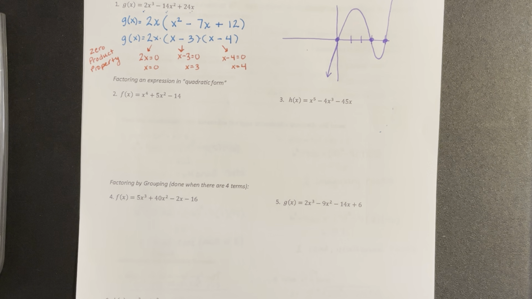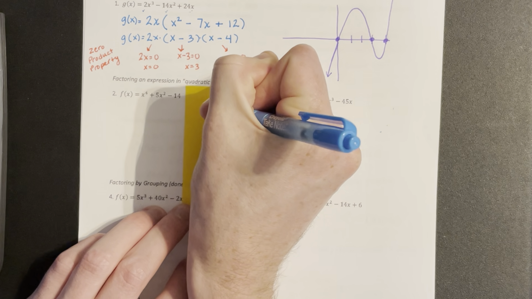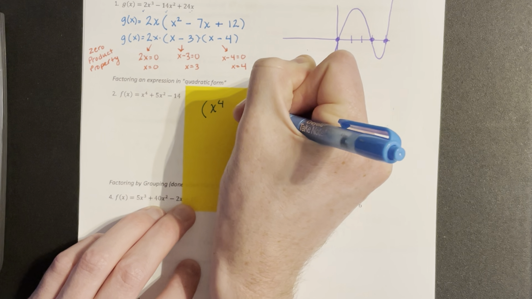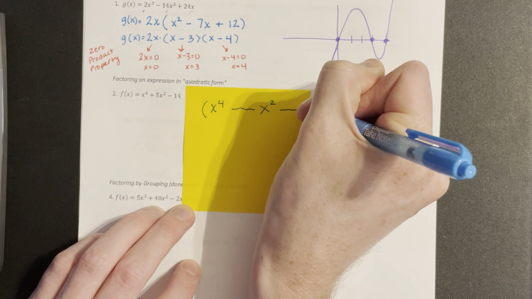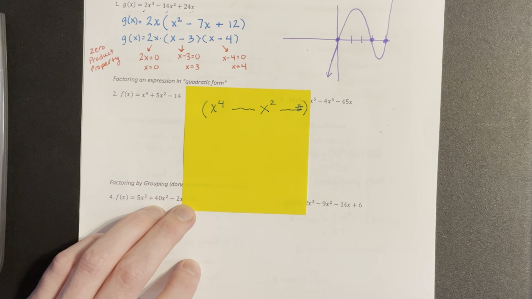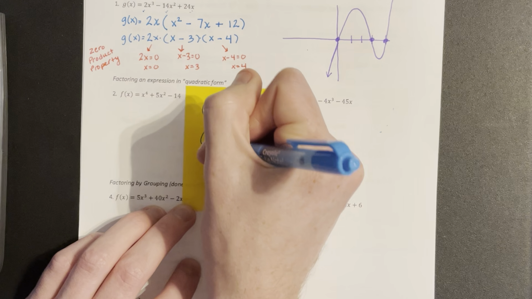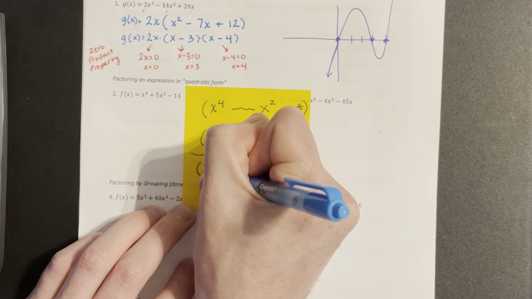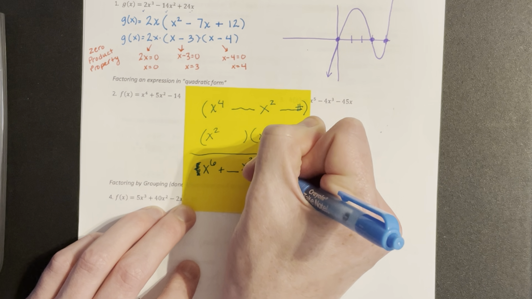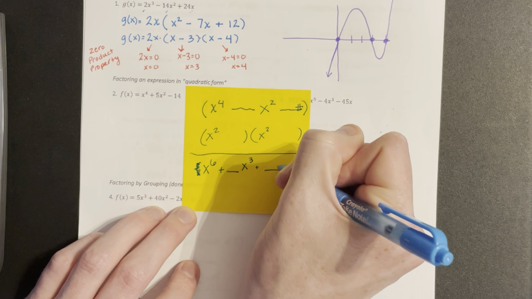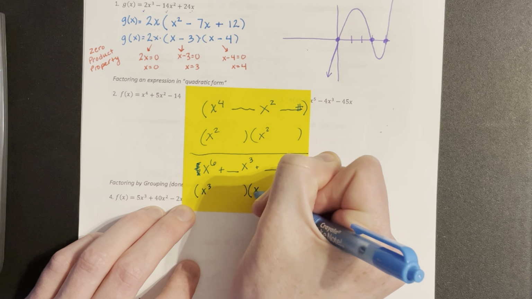And I want to talk about what that means, because if we had something that was x to the 4th, x squared, and a number, and those are our 3 terms, then I could factor it as x squared times x squared. If it was x to the 6th plus x to the 3rd plus a number, this would factor into x cubed times x cubed.